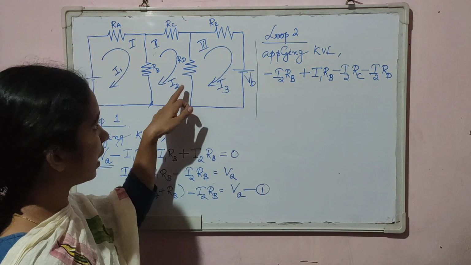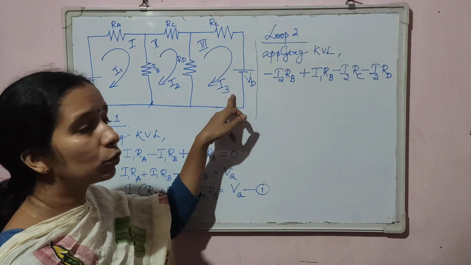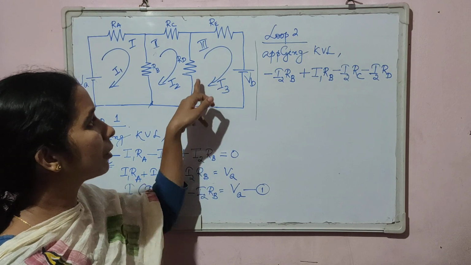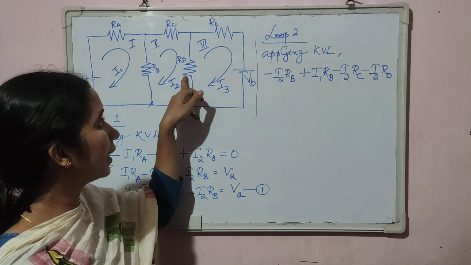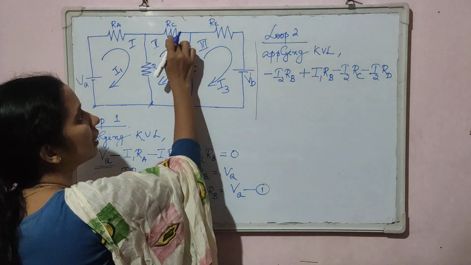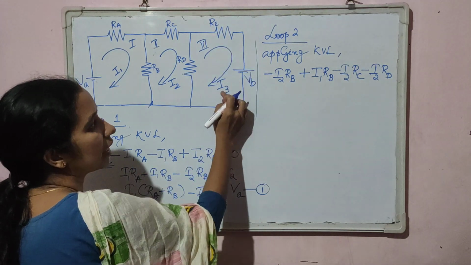Now this RD is common to loop 2 and loop 3. So current of loop 3, that is I3, will also flow through RD. So we have to consider the voltage drop across RD due to I3 also. We are tracing loop 2 in this direction and I3 is flowing in the opposite direction. I3 flows like this.